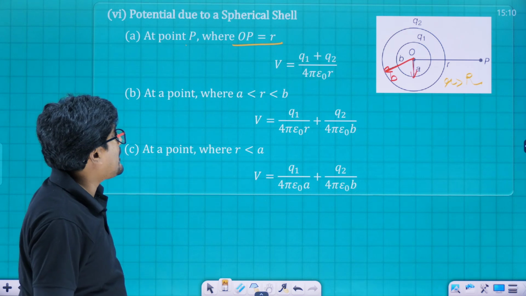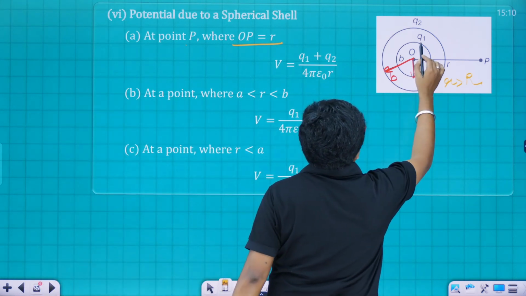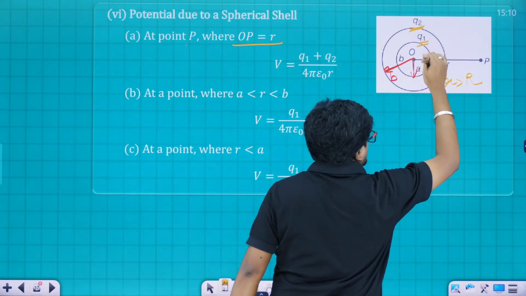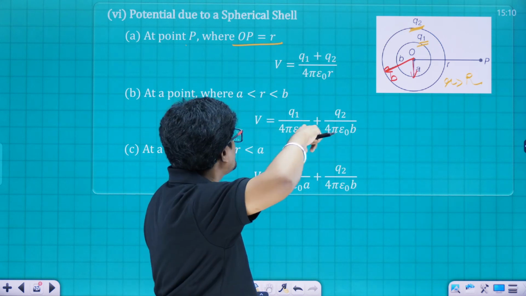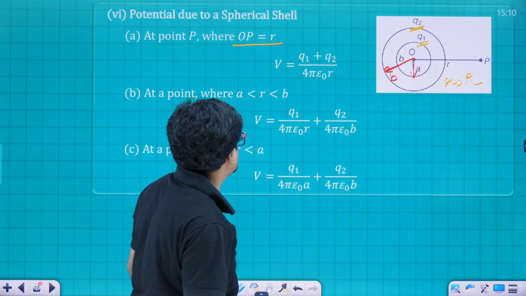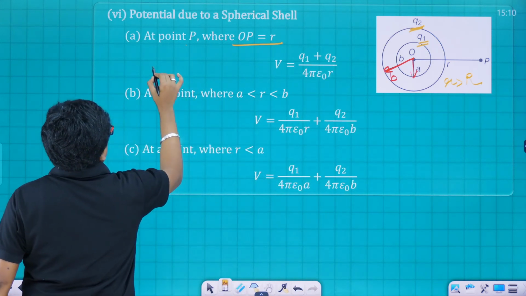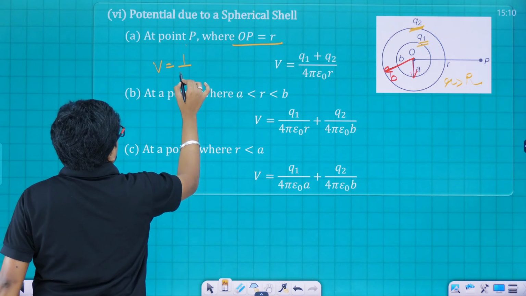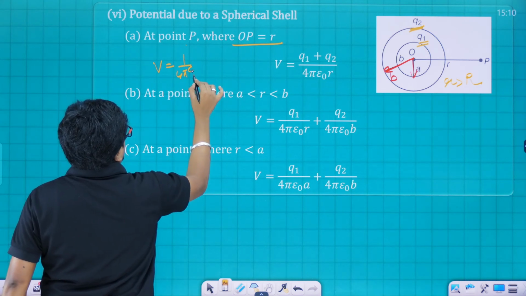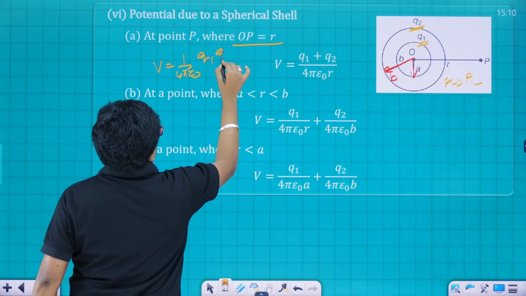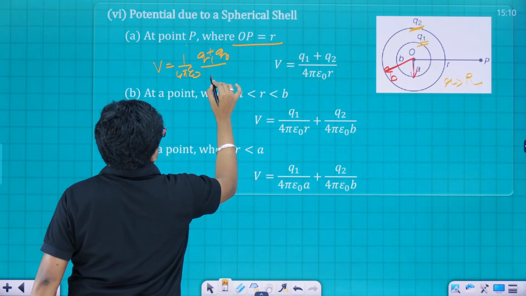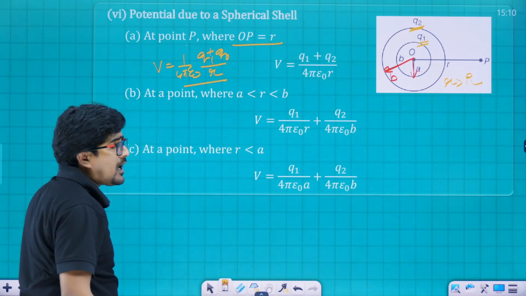So this time what happens, the charge distribution at the inner surface is Q1 and the outer surface is Q2. Then the value of electric potential V is going to be 1 divided by 4 pi epsilon naught into Q1 plus Q2 divided by the distance of separation, small letter r.